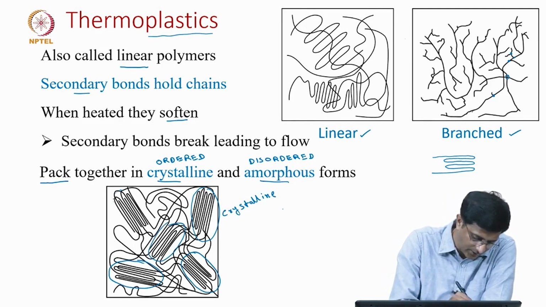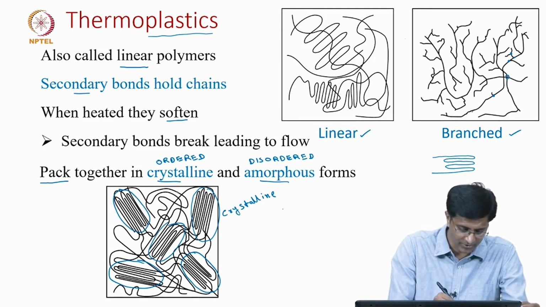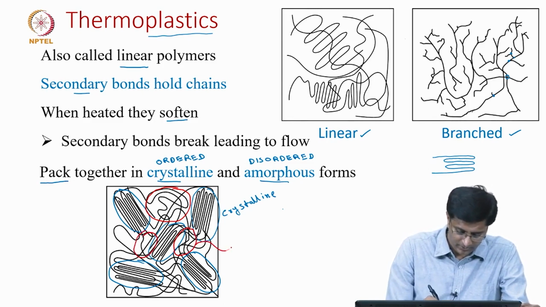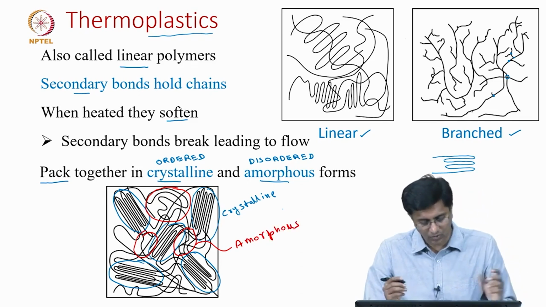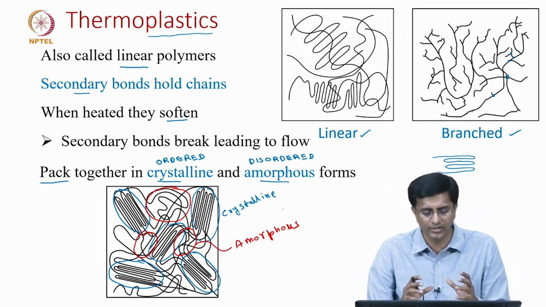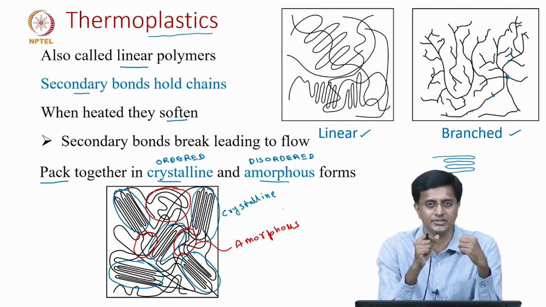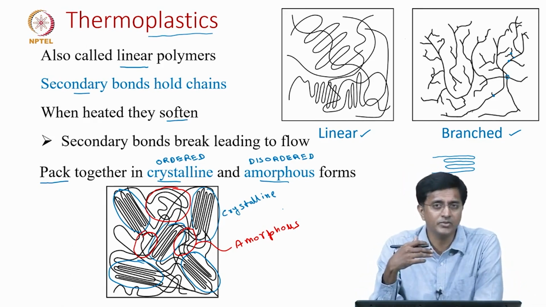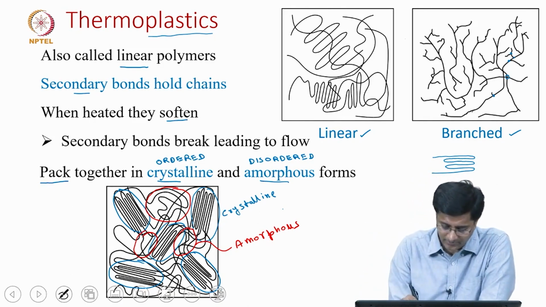All these are crystalline regions. But in addition to these crystalline regions, we also have amorphous regions. Let us say this is an amorphous region between them. What we mean by amorphous region is these disordered polymer chains that we have between these crystalline regions. So in general, whenever we say that there is crystallinity in polymers, it is not as though they are 100% crystalline. Usually they are only partially crystalline.